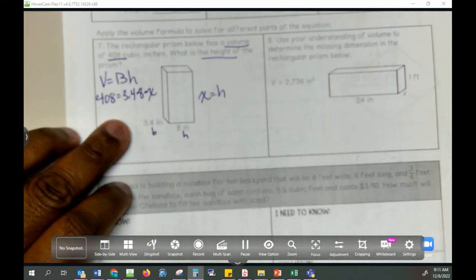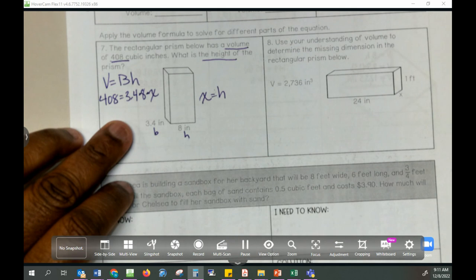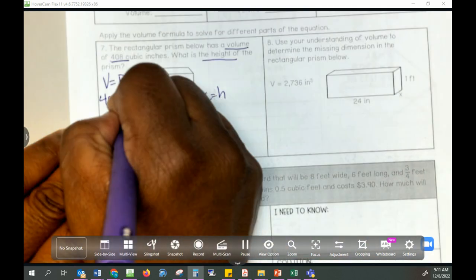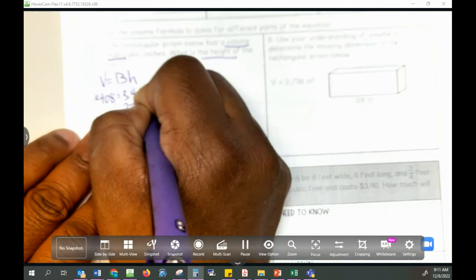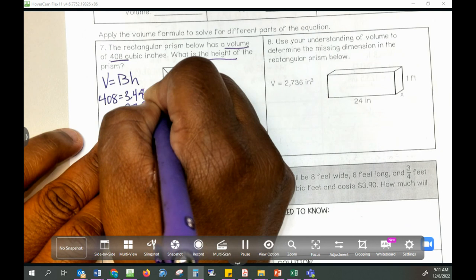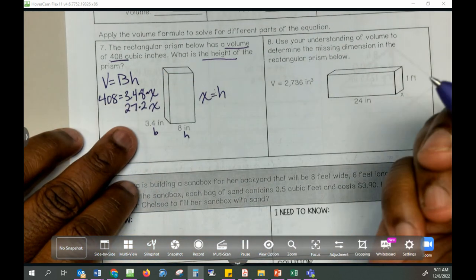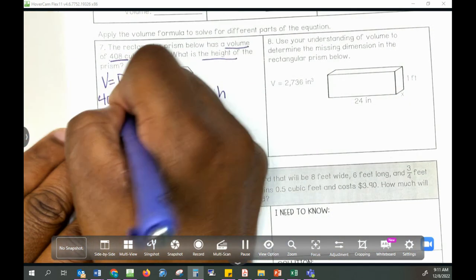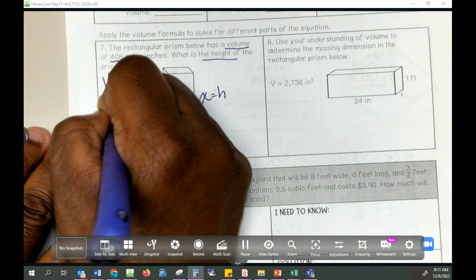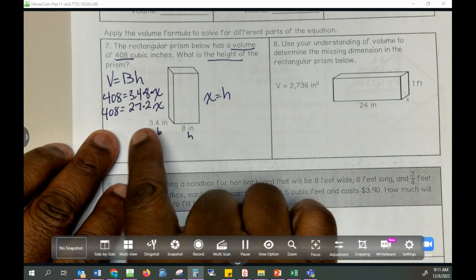So when we say 3.4 times 8, we get 27.2x equals 408. So what do I need to do?